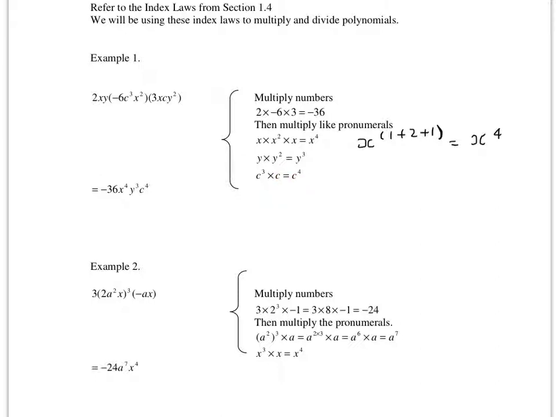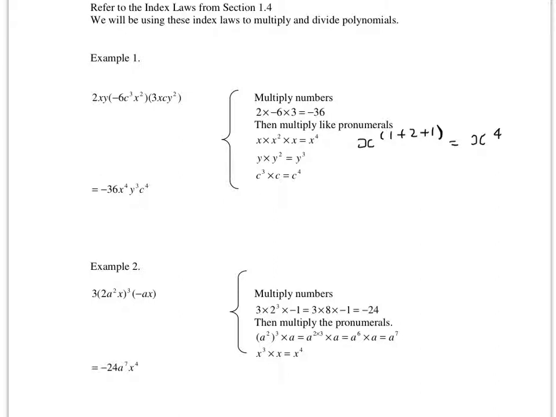So hence the simplified expression is negative 36, which is the coefficient of the simplified term, x to the power 4, y to the power 3, c to the power 4.